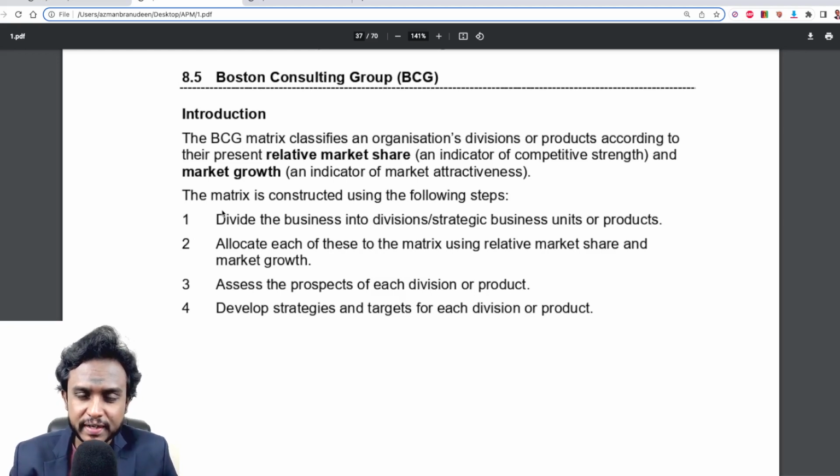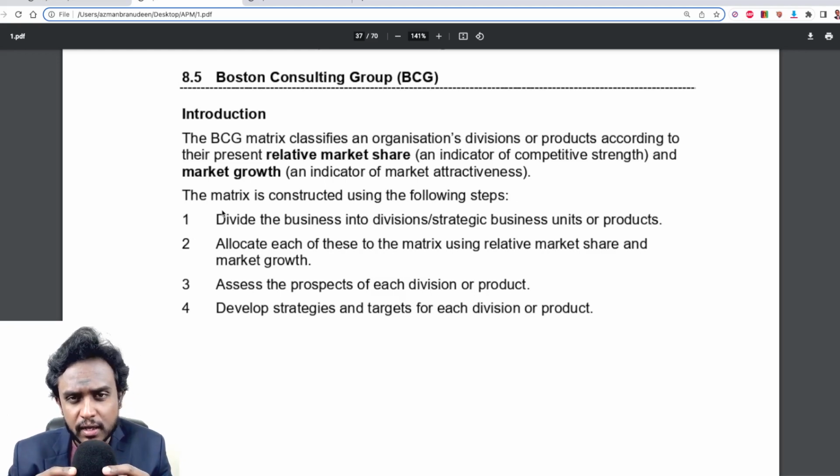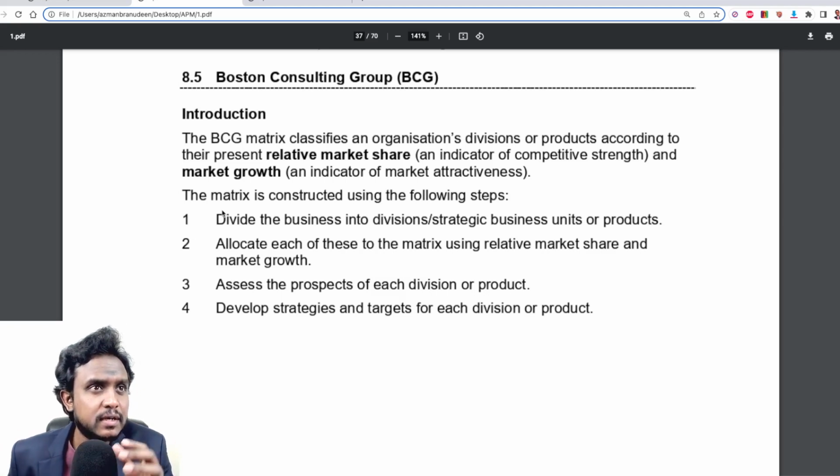Revenue growth rate is considered to be the market growth rate. So you take those two metrics and see where your products belong. It may be high, it may be low, it may be medium. Depending on that, you would position your products.